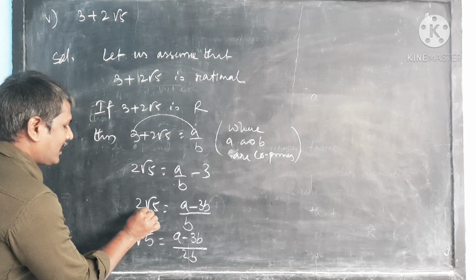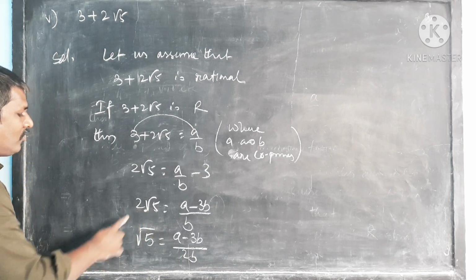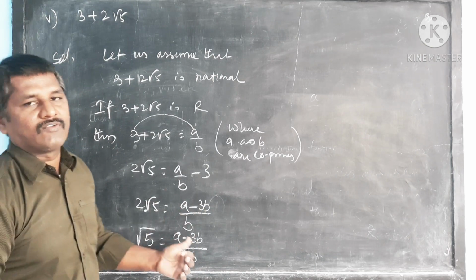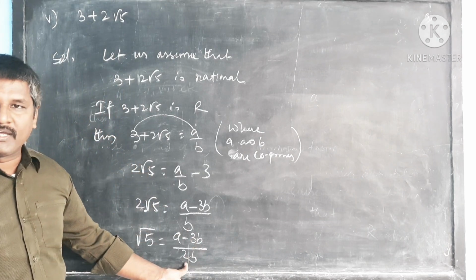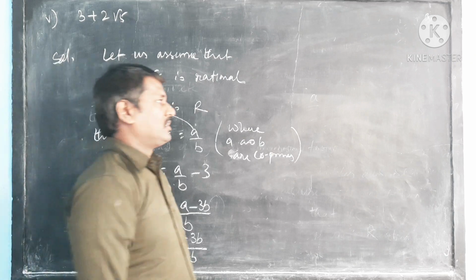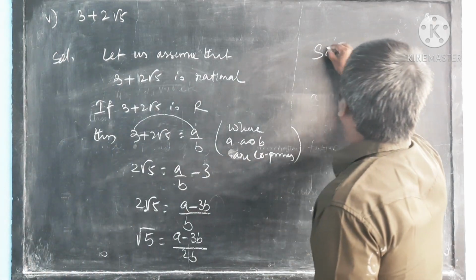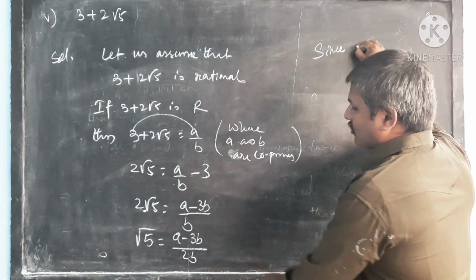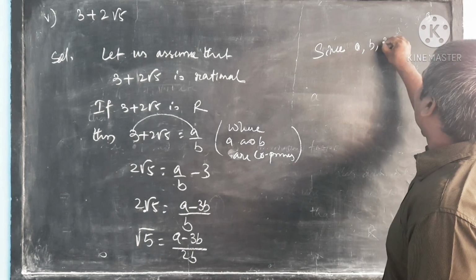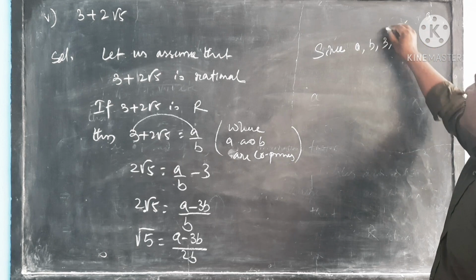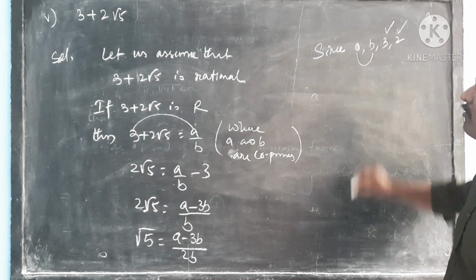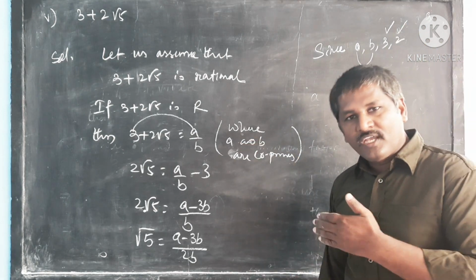When you transfer, the relation between 2 and root 5 is multiplication. If you transfer it from left to right, it will be division. Then you get root 5 is equal to a minus 3b by 2b. Here, a, b, 3 and 2 are integers. So 2 is an integer, 3 is an integer, and a and b are also integers.